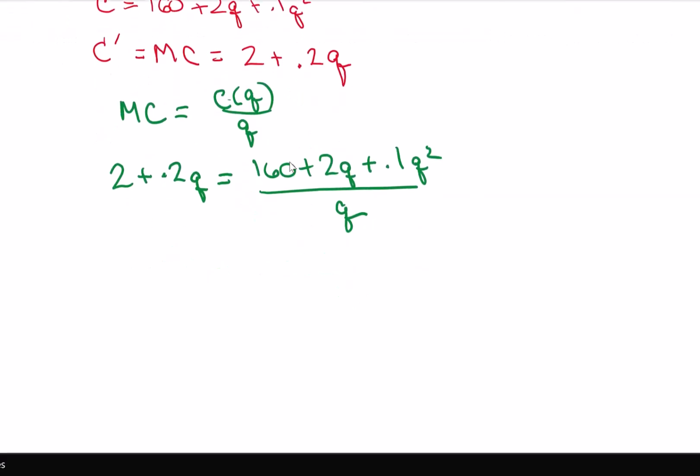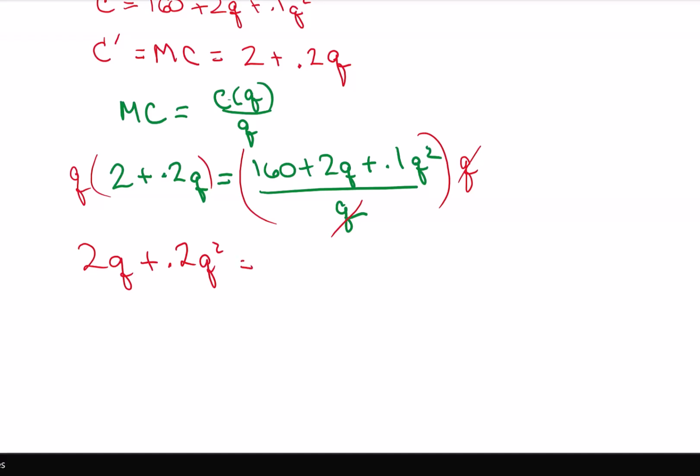And it's just some algebra now. I'm going to multiply both sides by Q. That means this Q will cancel with this. And I'll have 2Q plus 0.2 Q squared is equal to 160 plus 2Q plus 0.1 Q squared.